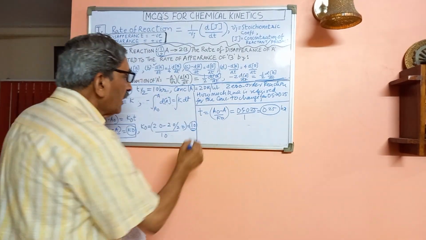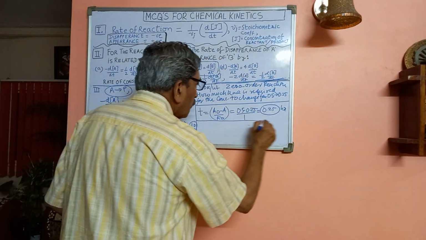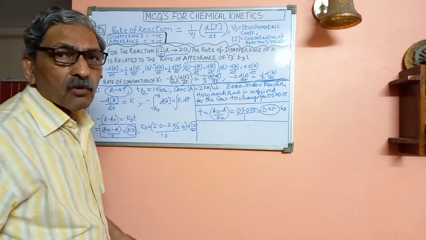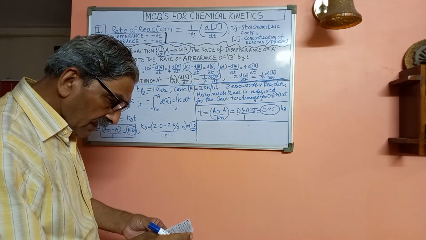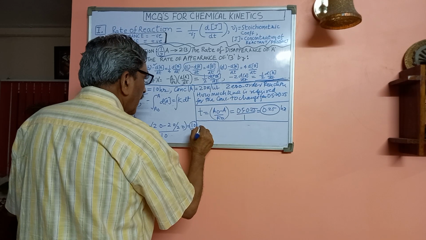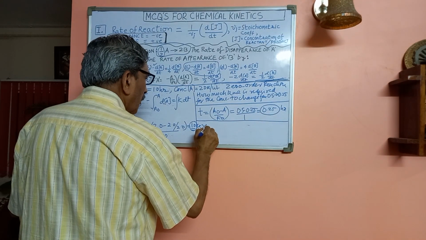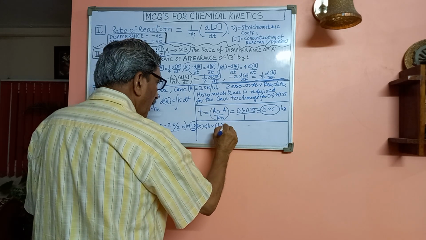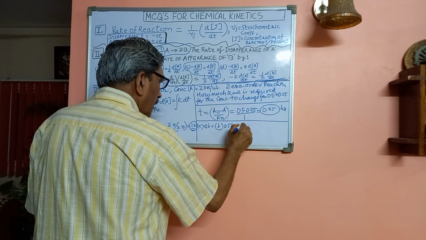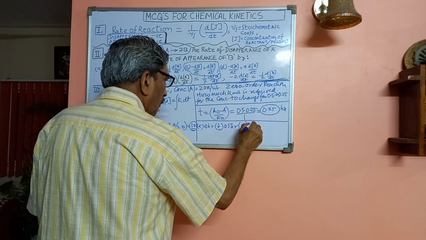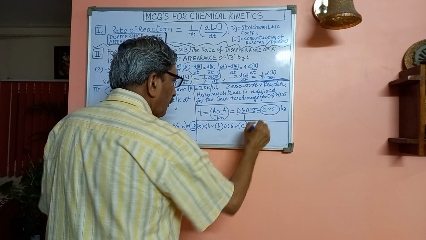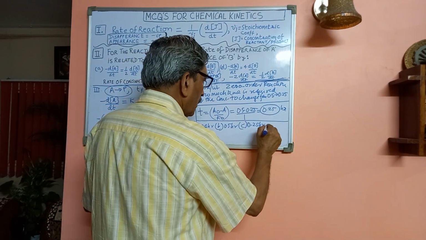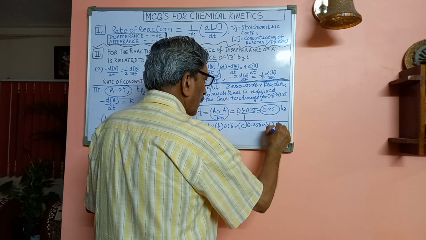Now obviously you have figured it out. The choices have also been given in hours. The choices were: A was 4 hour, B was 0.5 hours, C was 0.25 hour, and D was 1 hour.